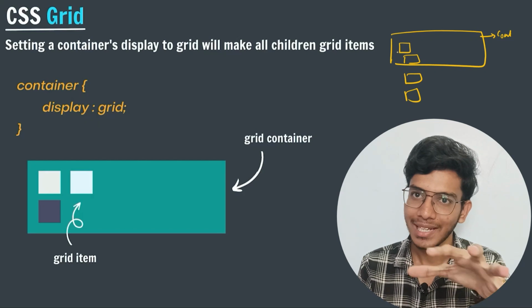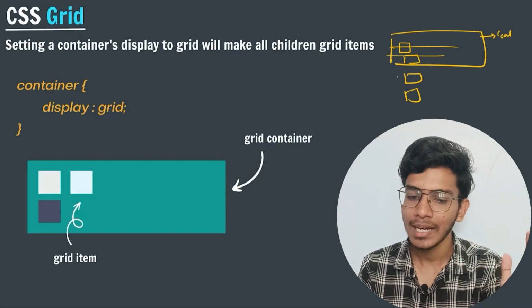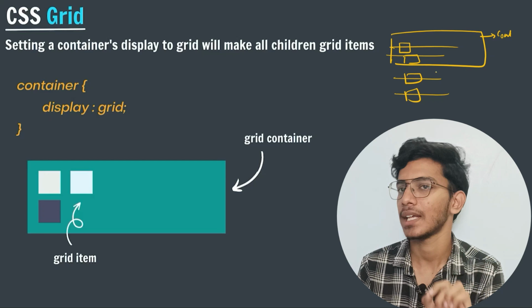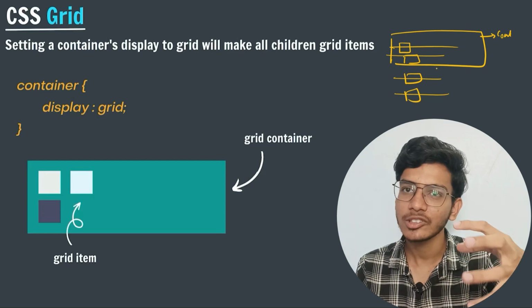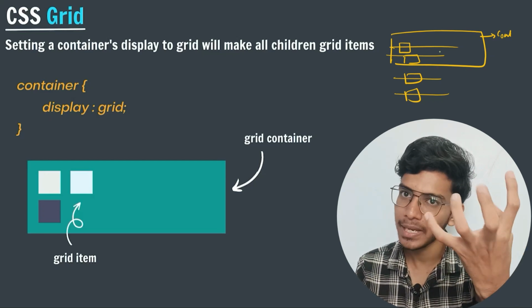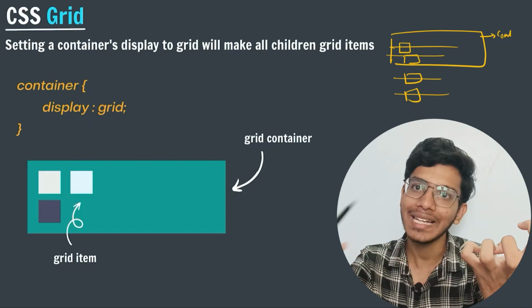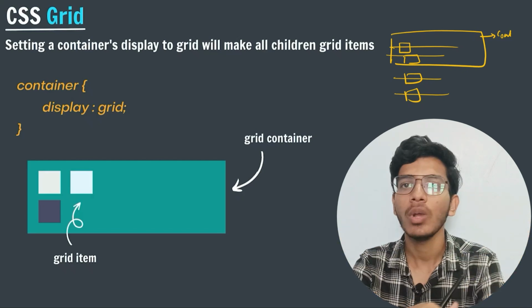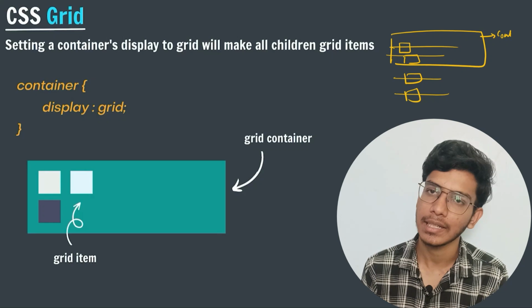Because div is a block element, it will occupy the entire width, and if there is no space inside the parent container, then the child div will come outside of the parent container.